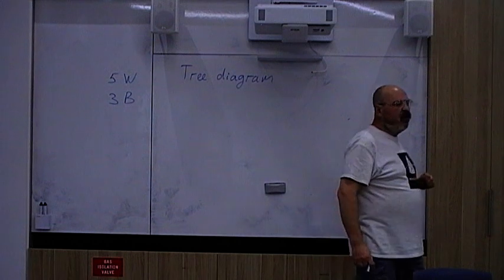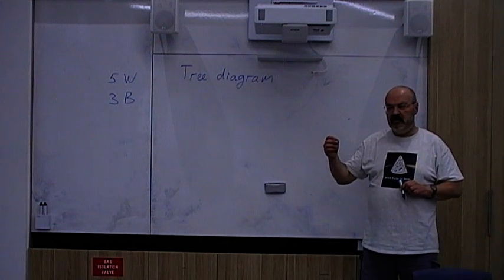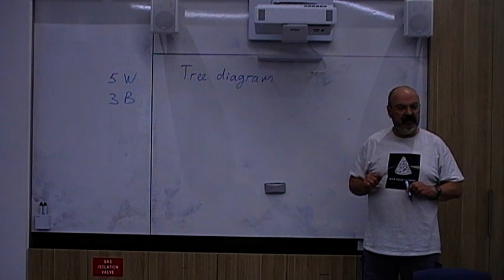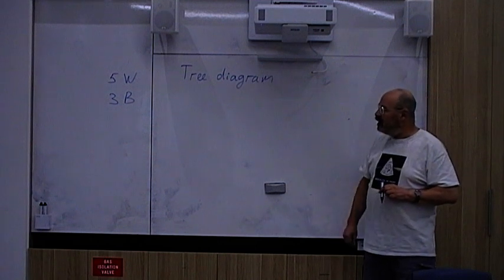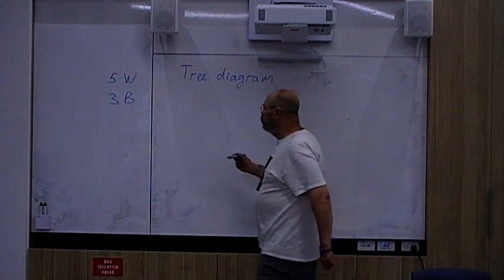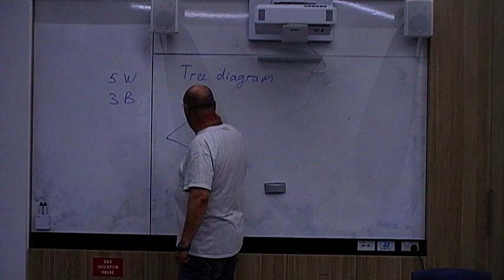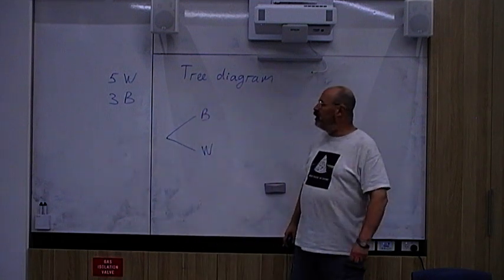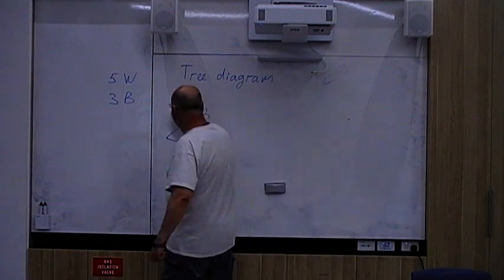You take 1 marble without looking from the bag. You notice what color it is, you put it back. And you take the second one. So on the first, we can get either black or white. But what is the probability of getting black? 3 out of 8.